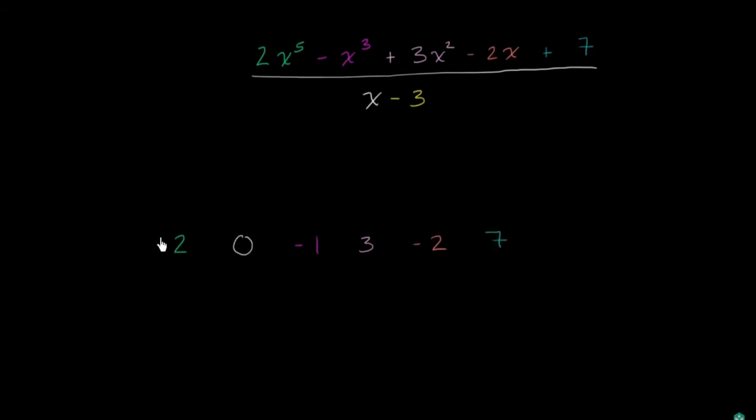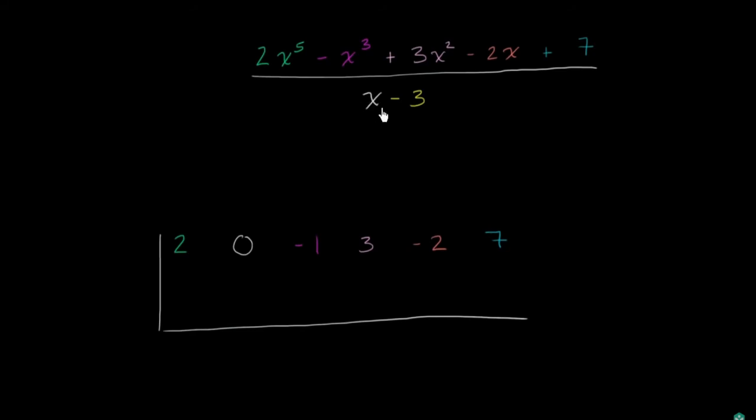And now let me just draw my little funky synthetic division operator looking symbol. And remember, the type of synthetic division we're doing only applies when we're dividing by an x plus or minus something. There's a slightly different process you would have to do if it was 3x, or if it was negative 1x, or if it was 5x squared.